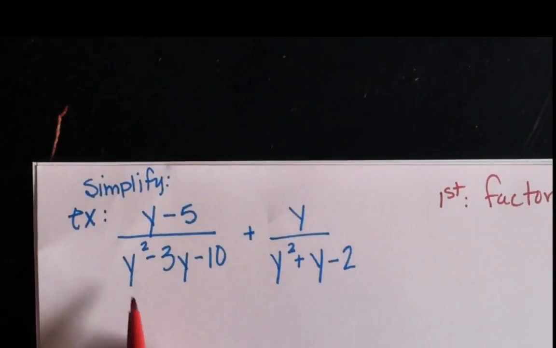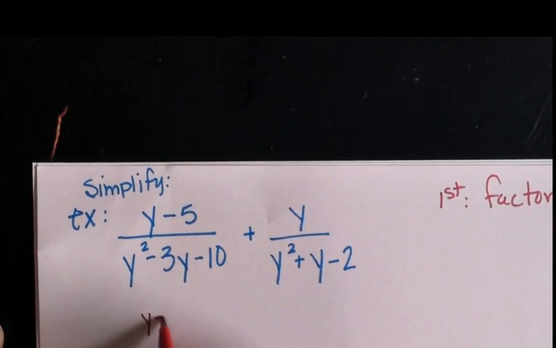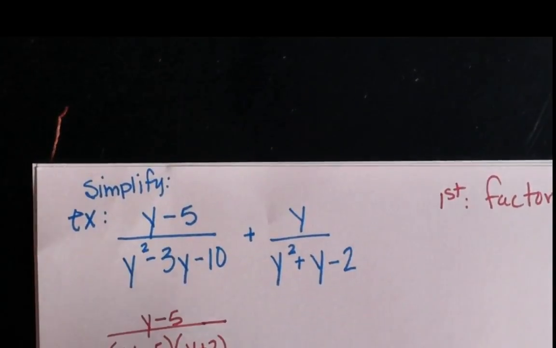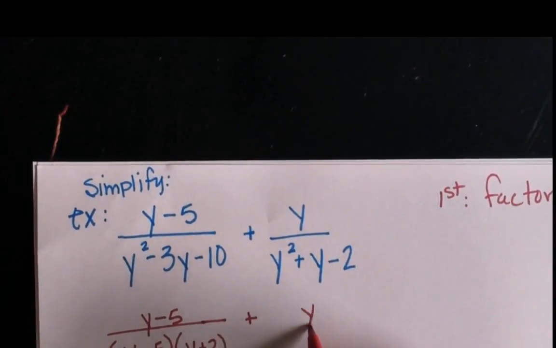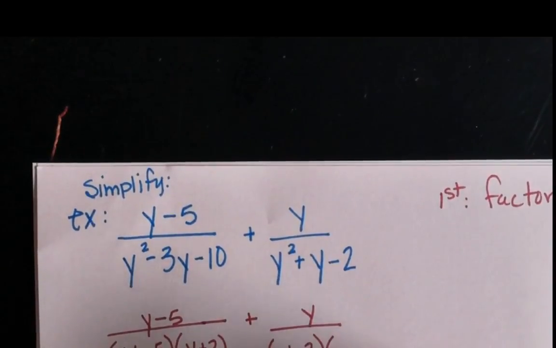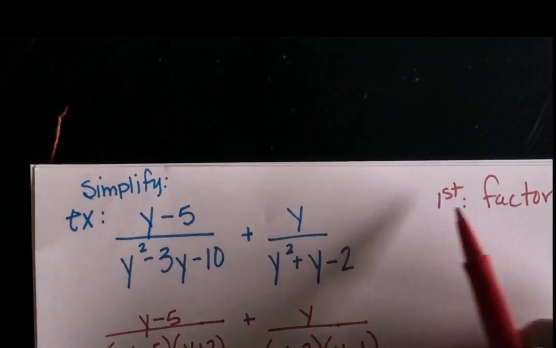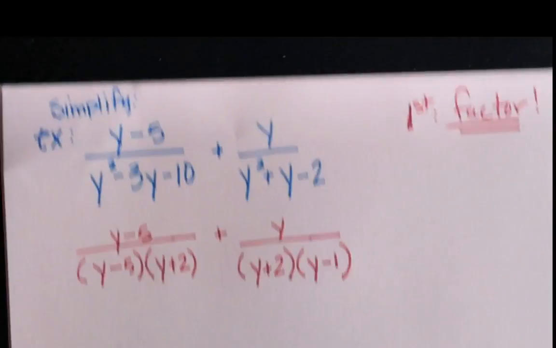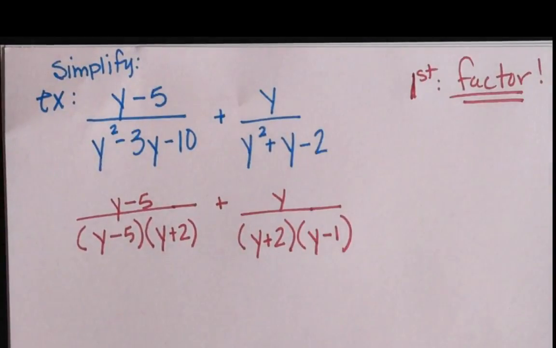So our y minus 3, we're going to end up with, in the denominator, y minus 5 and y plus 2. Then we're going to end up on the other one with y plus 2 and y minus 1. So the first thing we needed to do was factor.